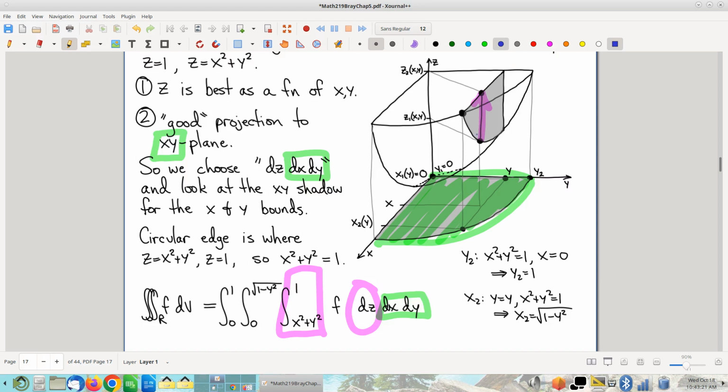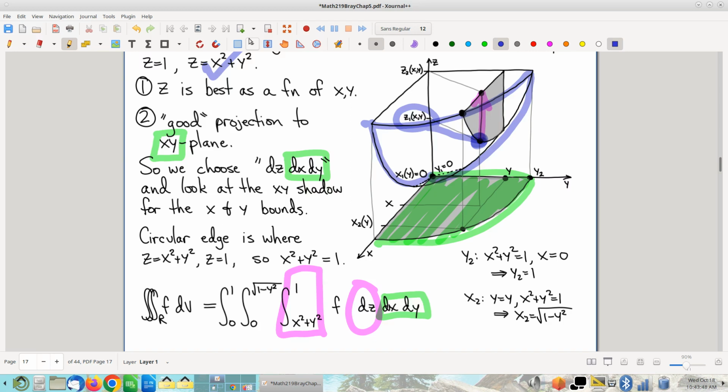One is that bottom point that gives me my lower bound for Z. Notice it's always on the same surface. It's always on that paraboloid, consistently. That applies for this whole shadow. For every point in this shadow, the starting value of Z is always on that paraboloid.